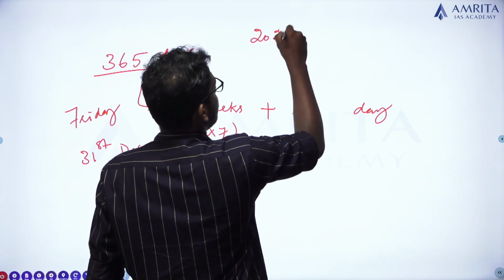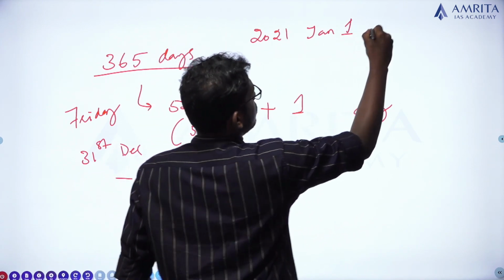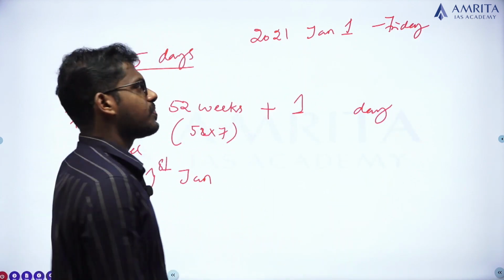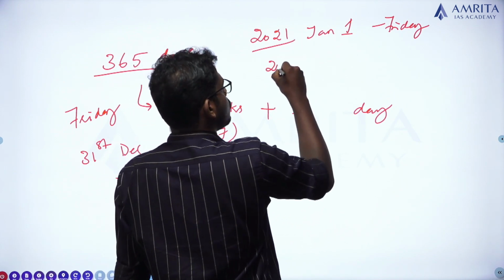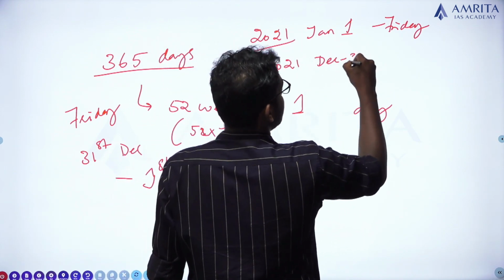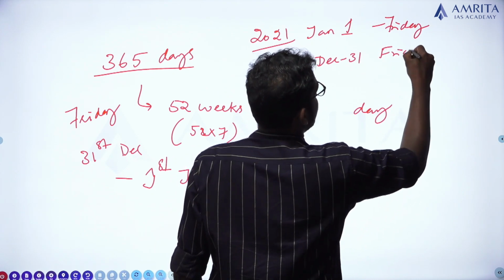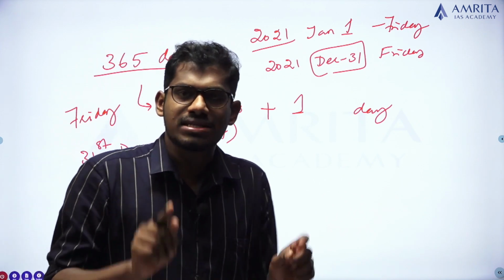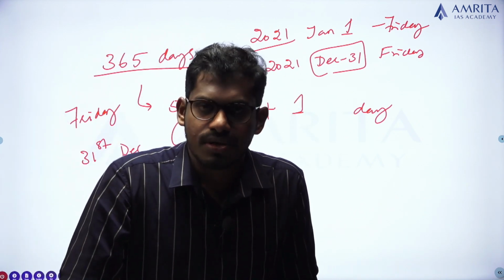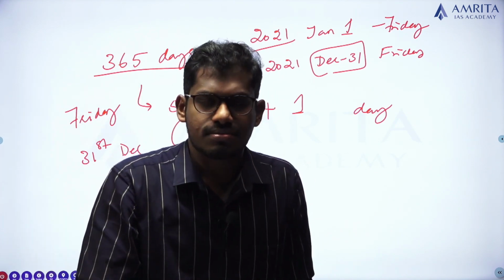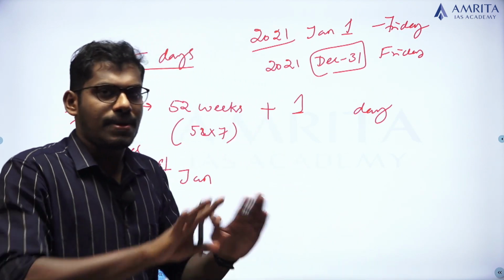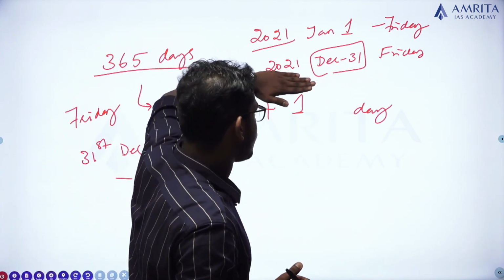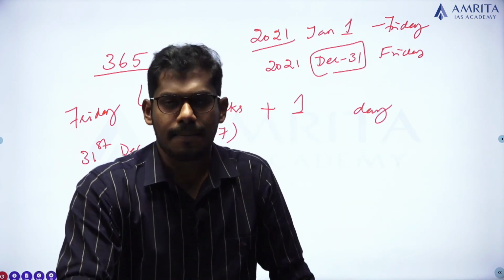If 2021 Jan 1 was on Friday, this is a normal year, then 2021 December 31st will definitely fall on Friday, because December 31st 2021 completes 52 weeks. Since it completes 52 weeks, this 31st December 2021 will fall on Friday.